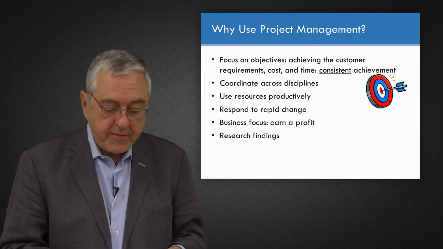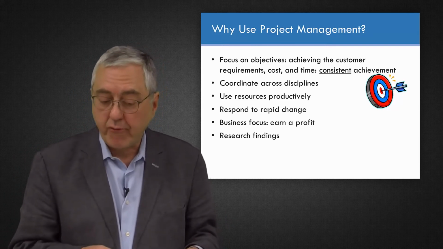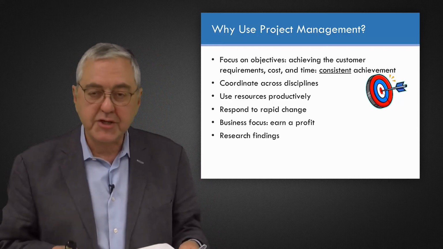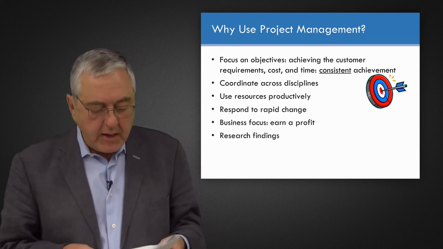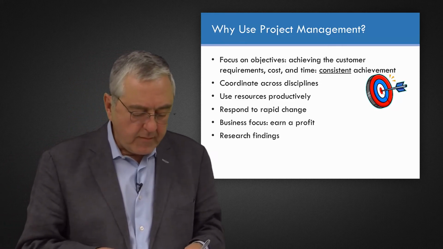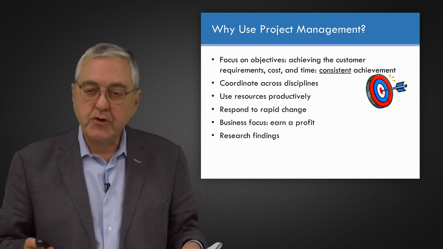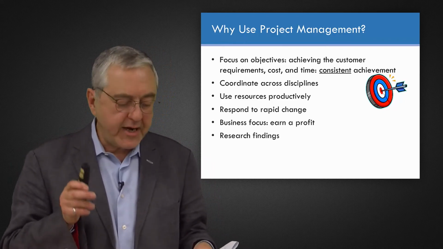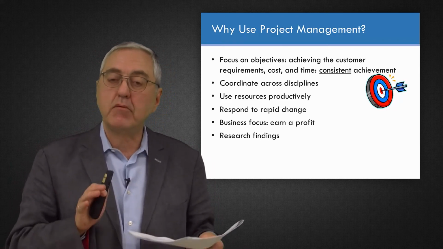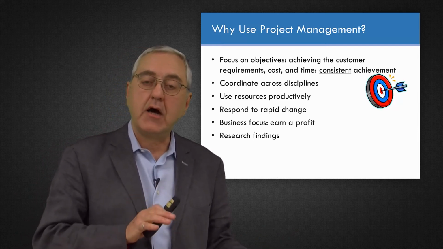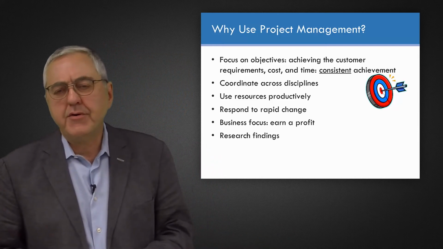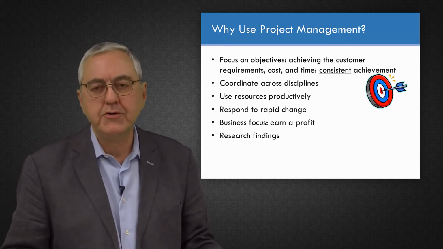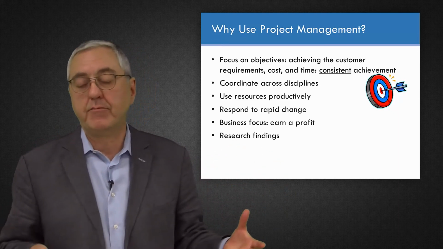Ibbs and his team found that if the organization has those more formal or more mature project management practices, they do have better project performance in terms of schedule and in terms of cost. They also found that the more mature project management companies had lower project management costs as a proportion of actual project costs. This seems counterintuitive. If an organization is doing more of the project management tools, you'd think it would be a higher proportion of the project budget.